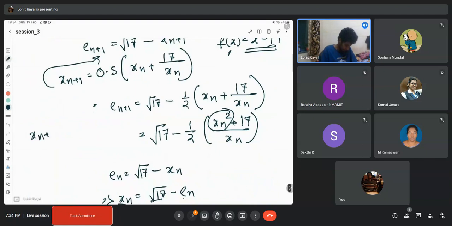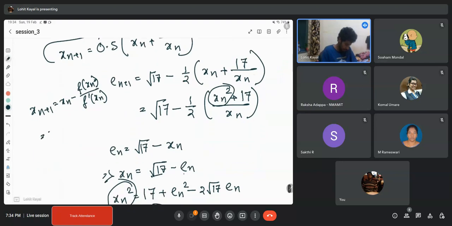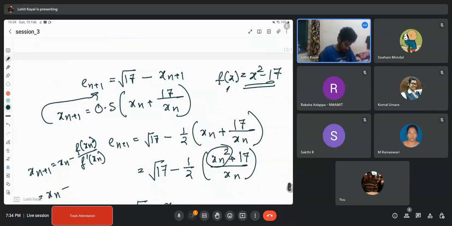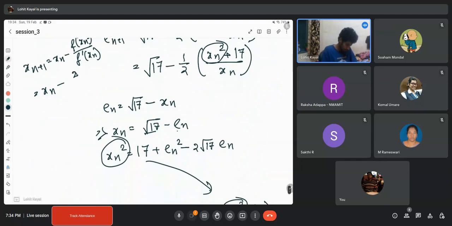So xn plus 1 equal to xn minus f of xn by f prime of xn equal to xn minus xn square minus 17 by 2xn.